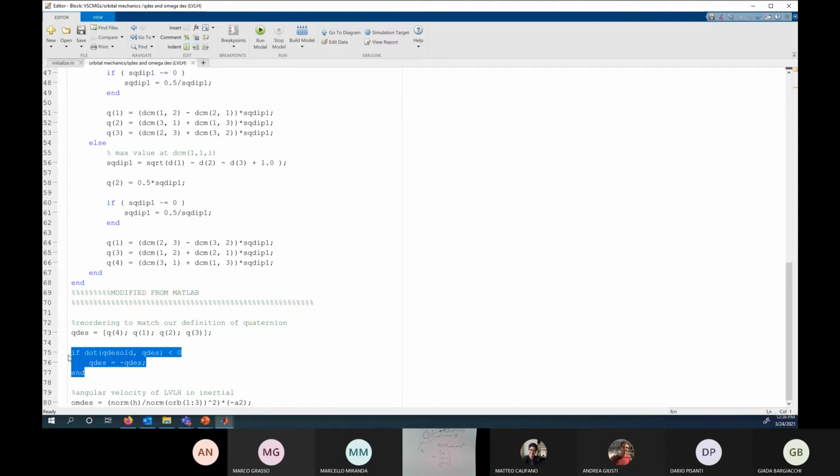Now this line here, it's comparing the old quaternion with the current one. So the one that was computed at the previous time step. And if the dot product of the two is negative, you change the sign to the desired one. Because otherwise you're going to end up with a huge problem of commanding the same rotation but going 2 pi the other way, and that's definitely not a good thing to do.